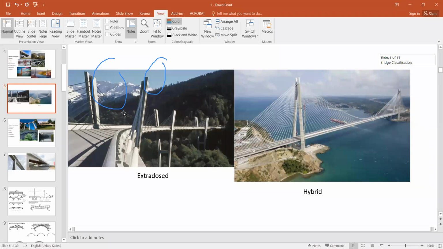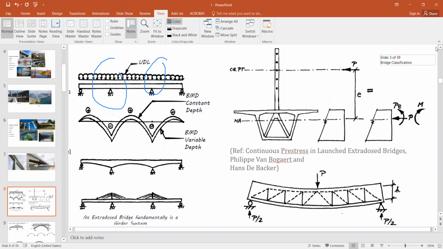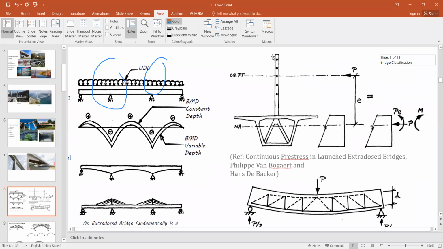So these bridges work differently from the cable stayed bridge. This is a typical cross section of these extradosed bridges. You can see the pylon, or you can say the support. Normally in prestressed bridges, we provide an eccentricity somewhere around here, and the applied demands are resisted by this eccentricity and the compression force coming from the prestressing.